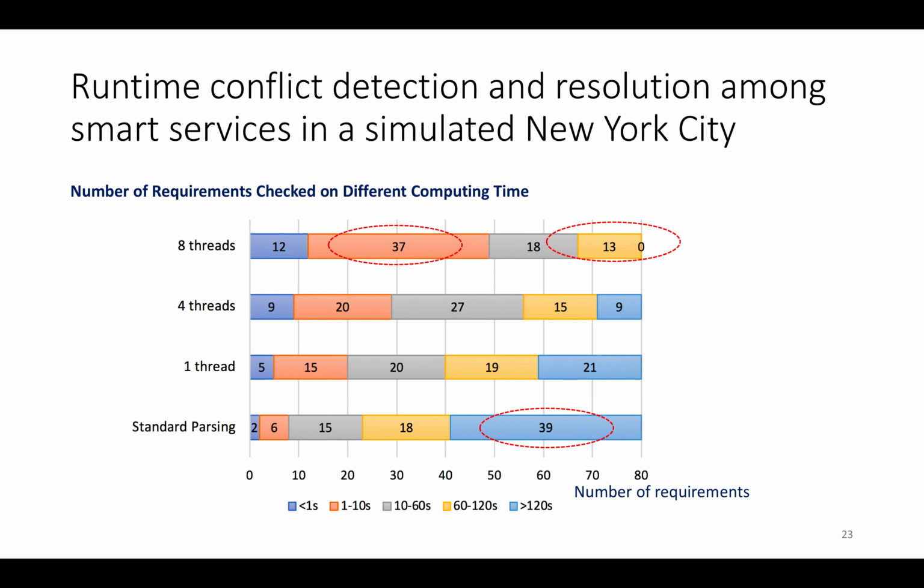But when we use this optimized efficient algorithm with parallel computing, and when there are 8 threads, we can see that all the requirements can be checked within 2 minutes. And this is very important to ensure the runtime monitoring in the city.